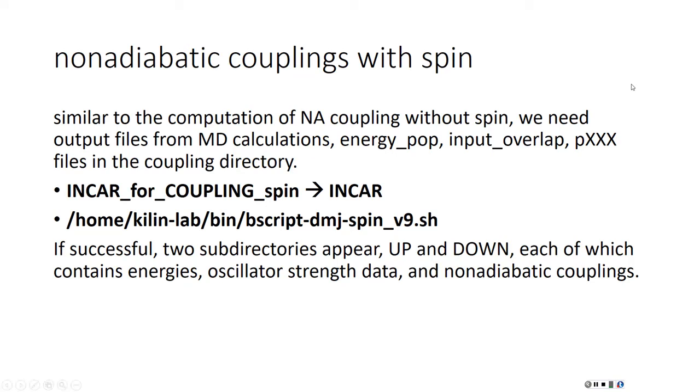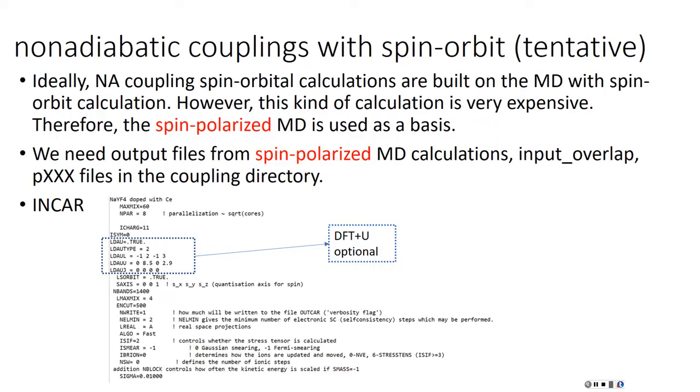Okay, so if the job is running successfully, then we will have 2 subdirectories, up and down, and each of them contains some files like oscillator strengths and coupling files. Finally, we can do non-adiabatic coupling for spin orbital coupling.